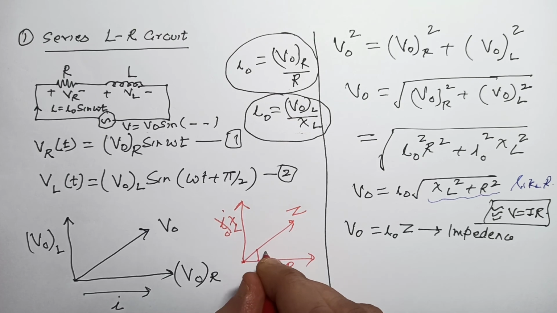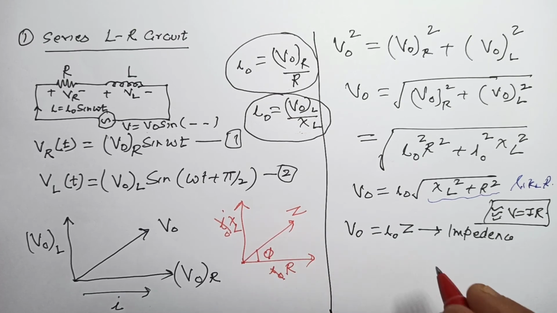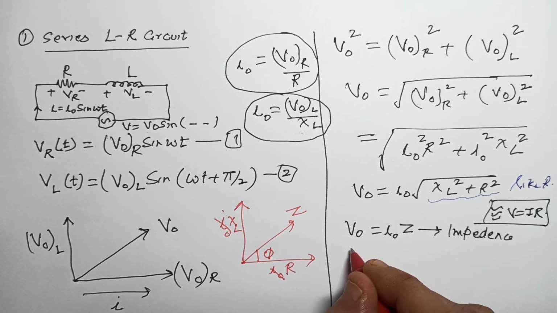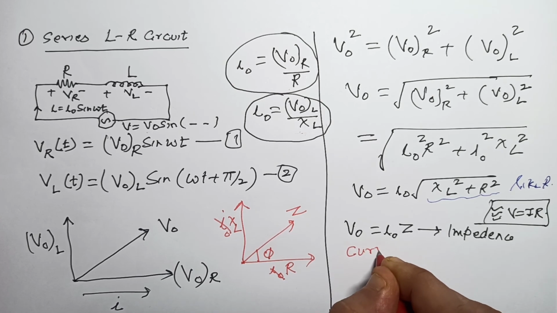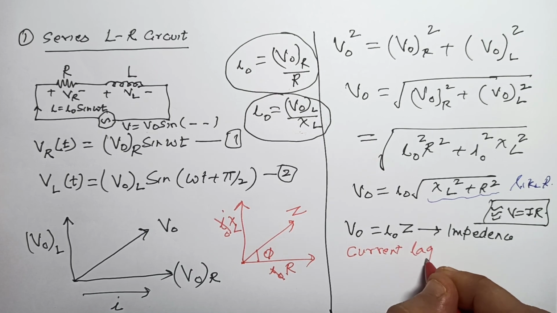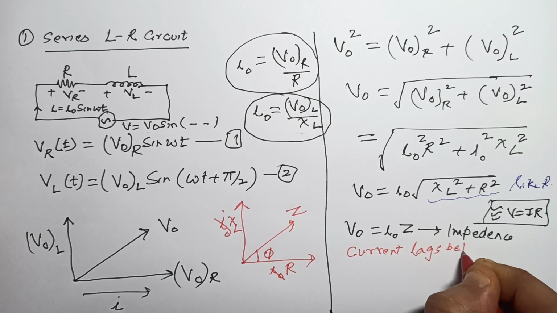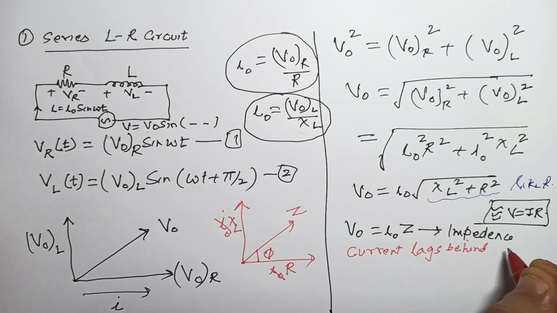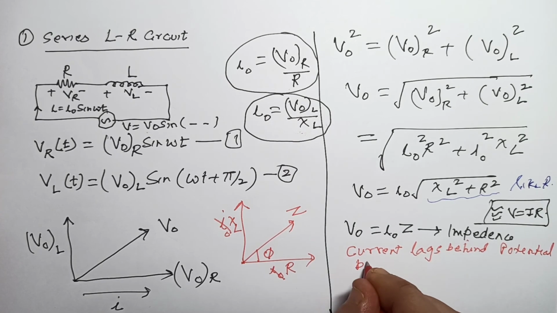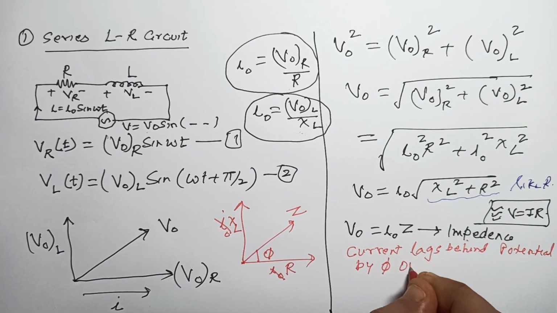This angle is phi, and we can say that first, current lags behind potential by phi only.